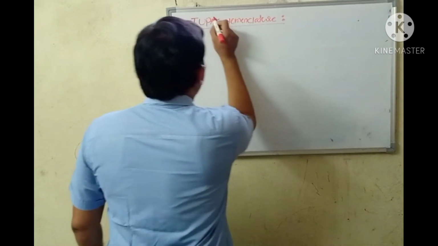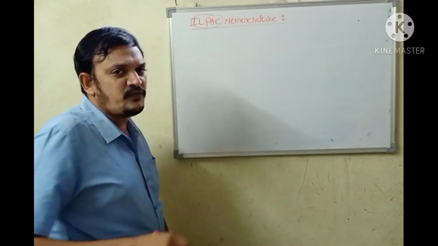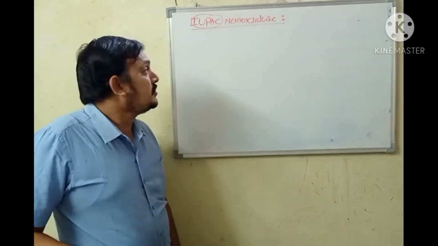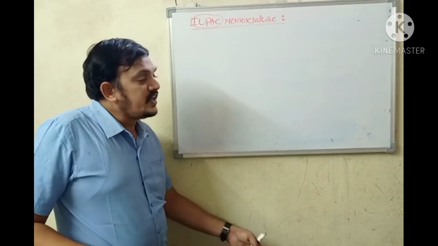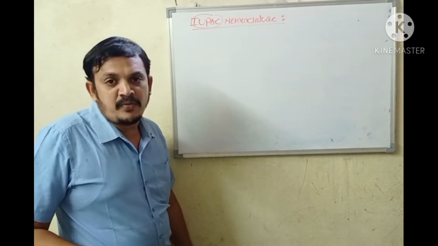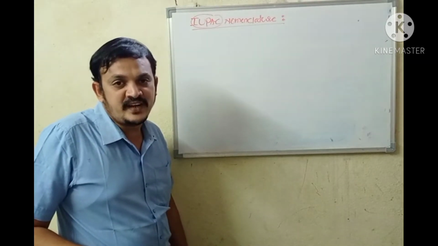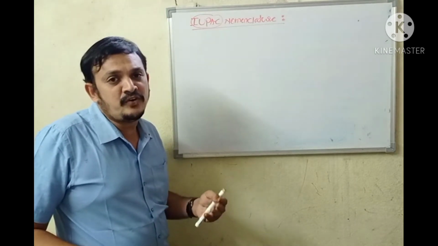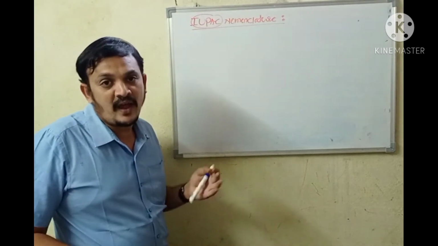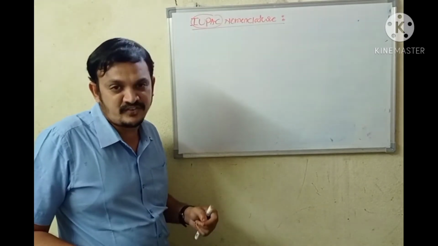You are very well familiar with the word IUPAC, which is International Union of Pure and Applied Chemistry. With the increasing number of organic compounds known, scientists felt the need of a specific system for naming of those compounds, and they have arranged a convention.